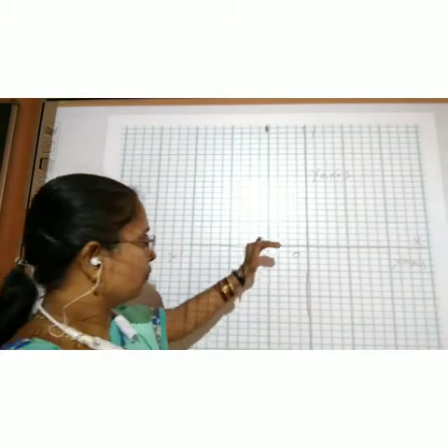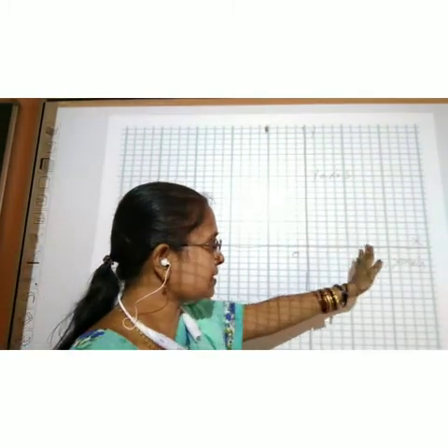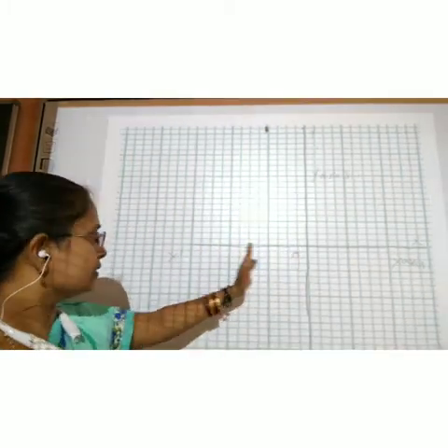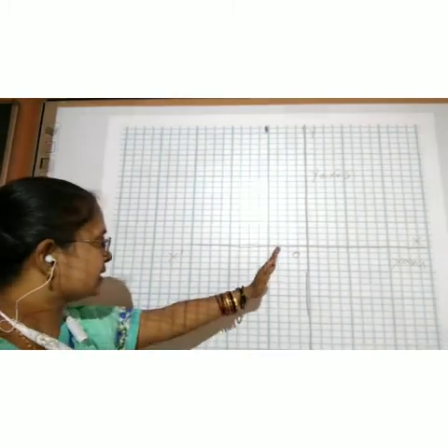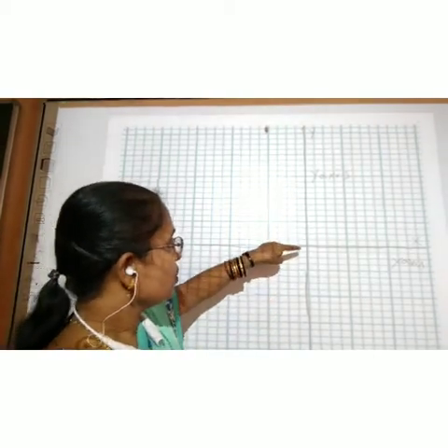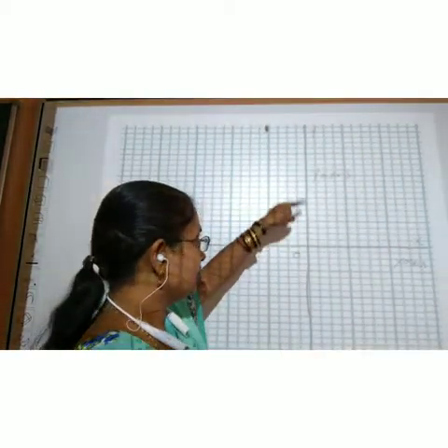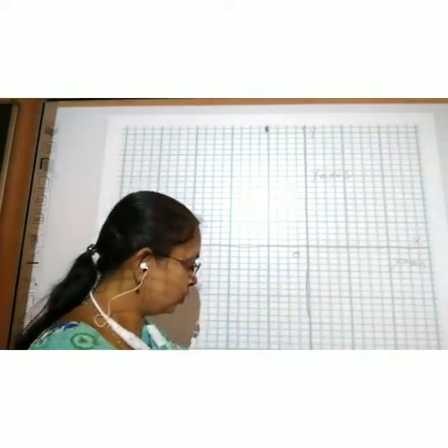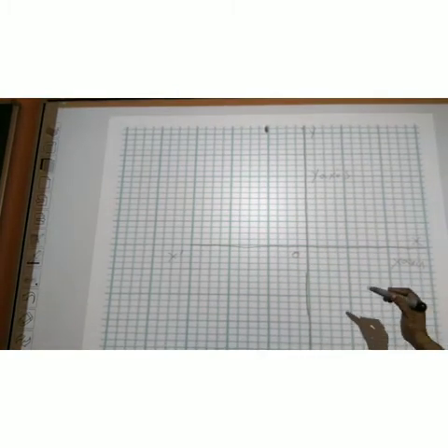So from the origin, in the x-axis, whatever is on the right side is represented as positive, and what is on OX dash, on the left side, is known as the negative integers. And in the y-axis also, from O to Y, upward, they are represented as positive integers, and O to Y dash is represented as the negative numbers.